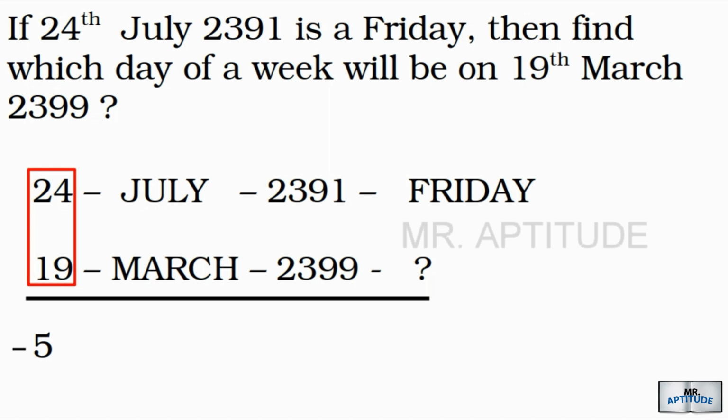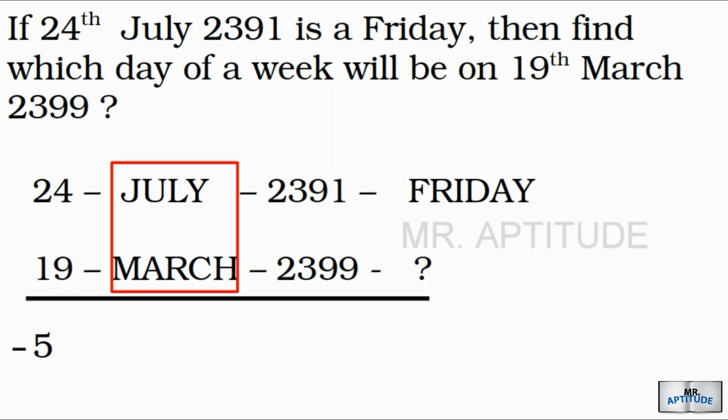As far as the given months are concerned, I want you to go with their month codes. July month code is 6 and March month code is 3. Difference between these two, 6 to 3, as the value reduced, we have to write it as minus 3.